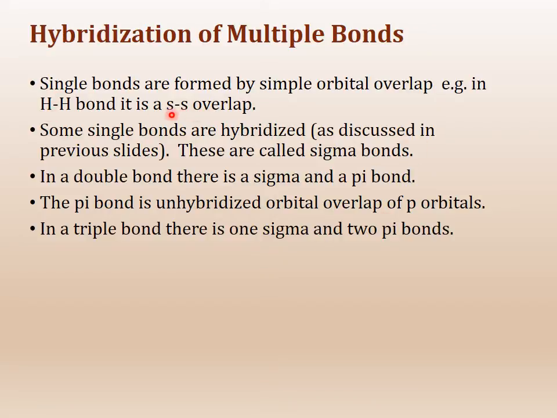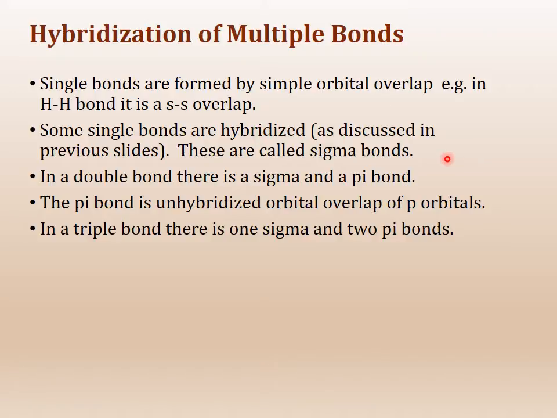It will have a simple s-s overlap. If you have a triatomic or a polyatomic compound, then you will start seeing hybridization, okay? And so most of the single bonds are going to be hybridized. Remember, hybridization is only for central atom. It's not for terminal atoms.